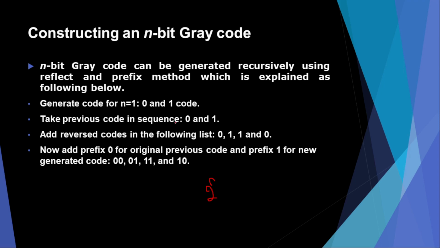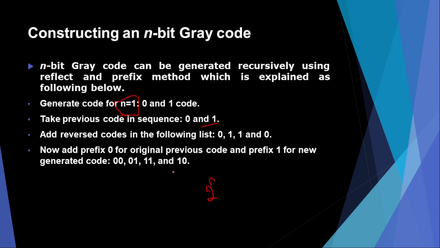If n is equal to 2, you get four values. The n value is the number of bits. First I will start with n equal to 1. So n equal to 1 means I will generate two values, 0 and 1. Afterwards, I will reverse the given values as 1 and 0.